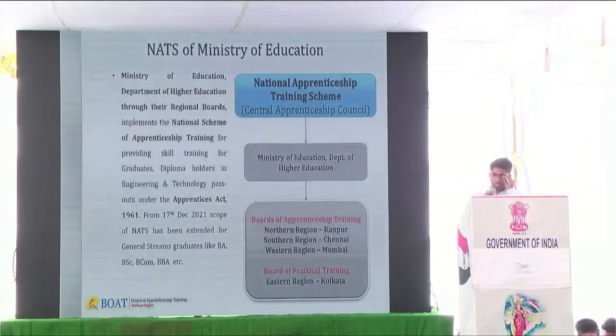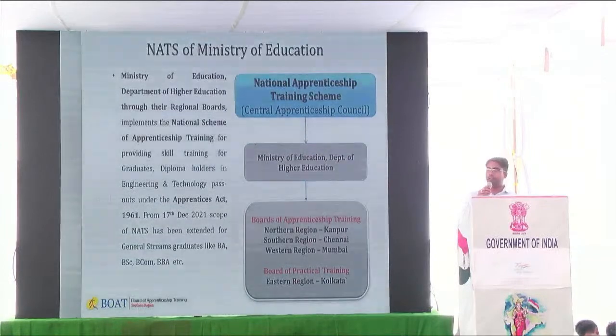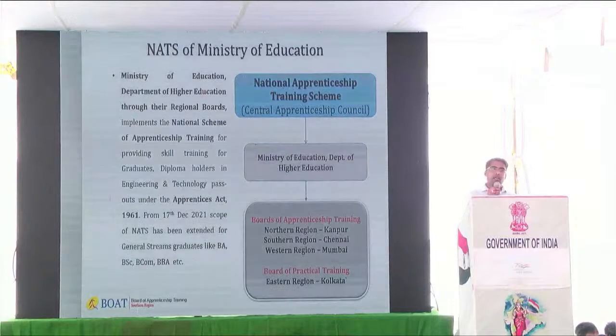So basically, who can do this apprenticeship training under the NATS scheme? Graduate engineers, diploma engineers, and from 17 December 2021, non-engineering students like BA, BSc, BCom can also do the apprenticeship training. What is the eligibility criteria for them?